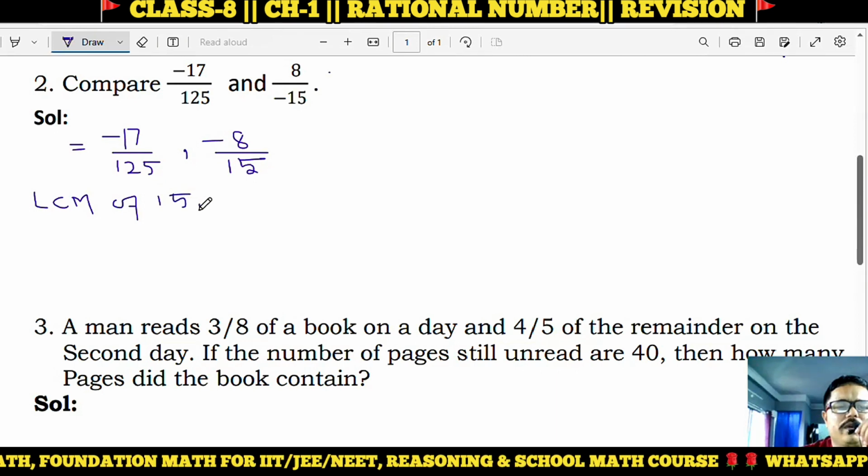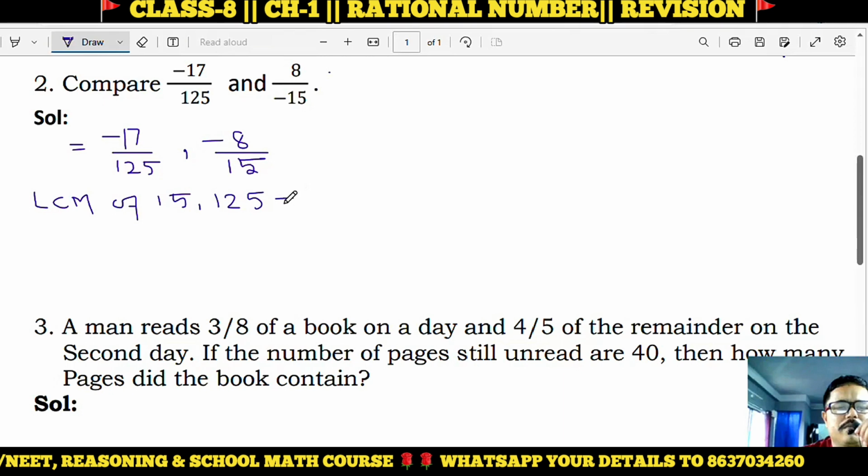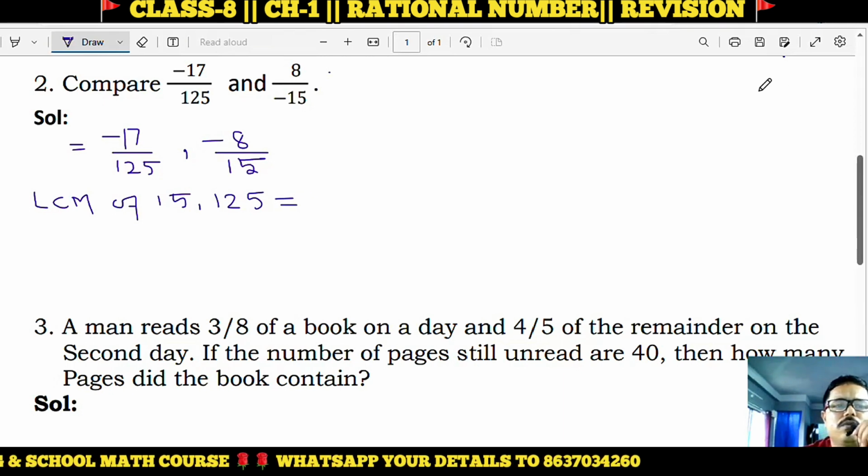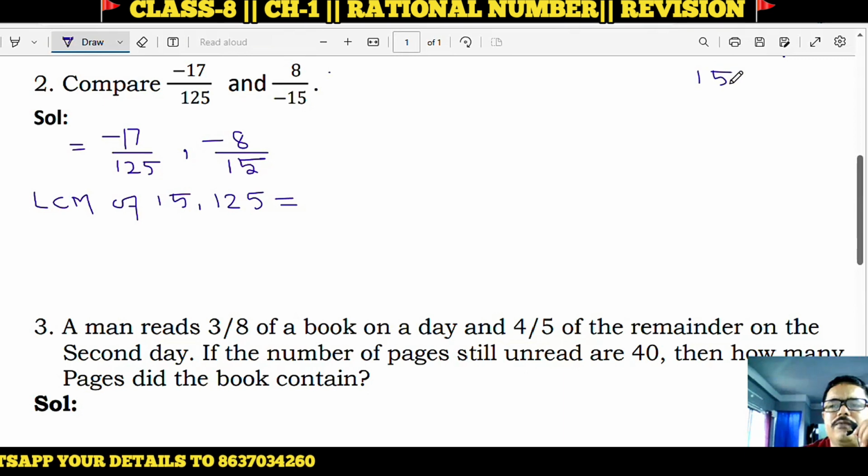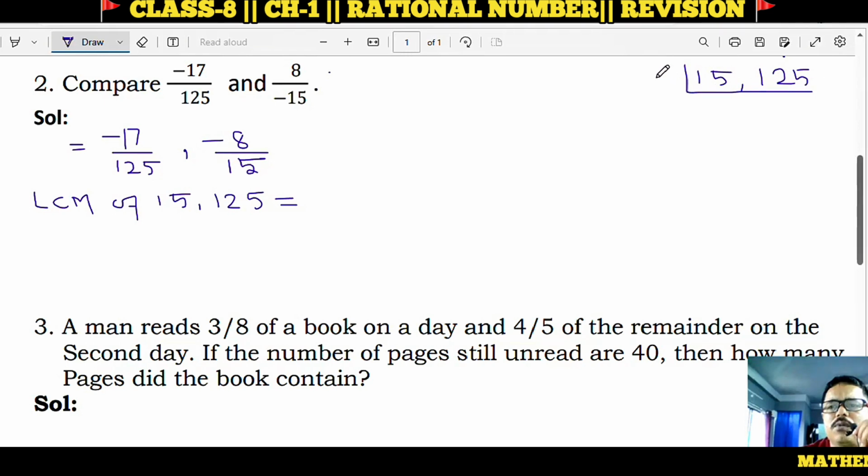For that we need to find the LCM of these two numbers. Now how many of you know how to find the LCM of these two numbers? If you know, then find. If you don't know, then see how we can find the LCM. Both the numbers are divisible by 3. 5 3s are 15 and 5 25s are 125.